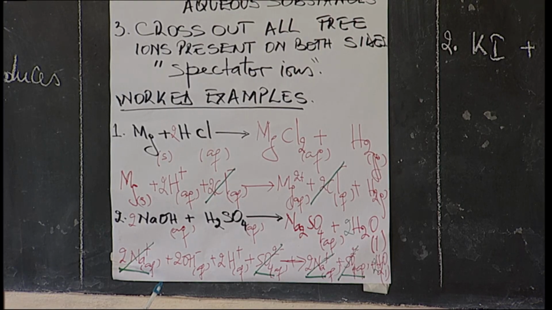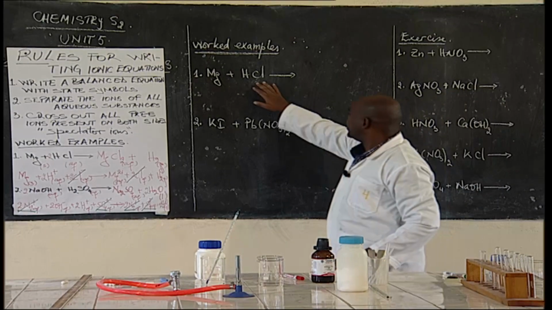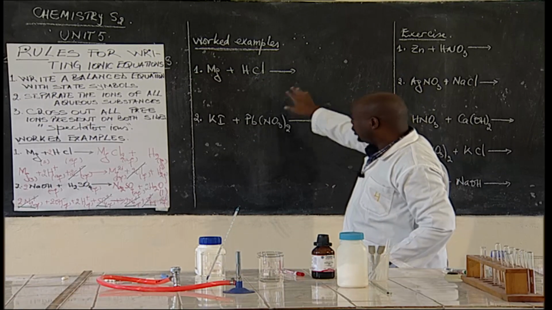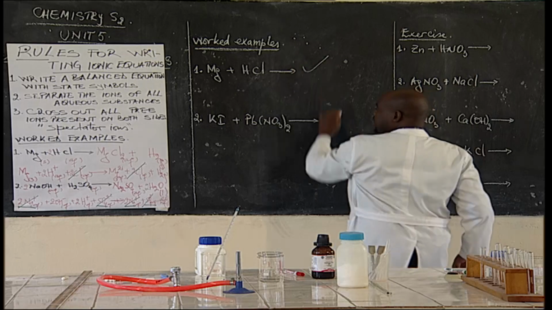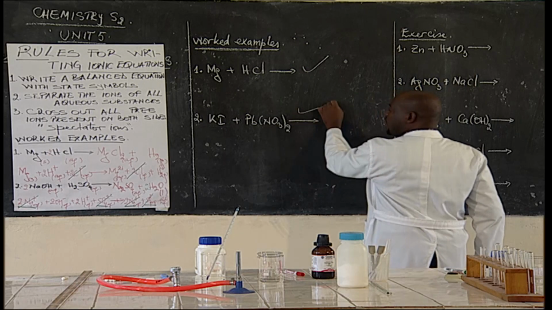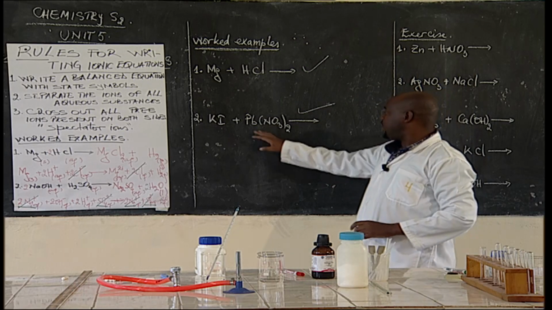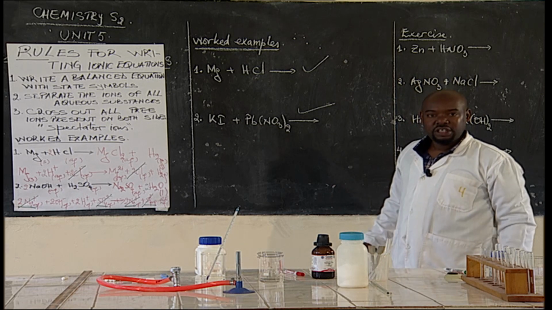Now here we have more examples to be worked on. We have magnesium reacting with HCl. We did this one. And the second one is potassium iodide reacting with lead nitrate. Try this one.